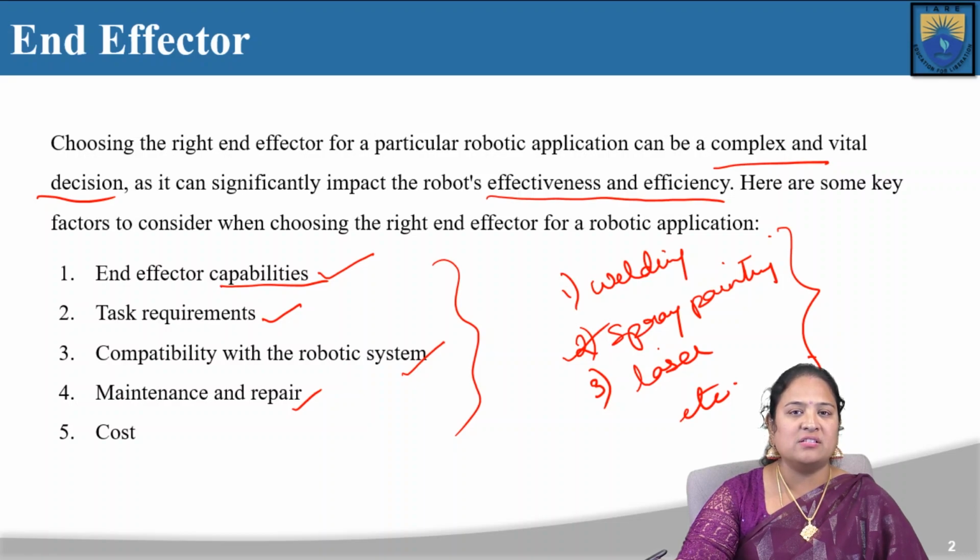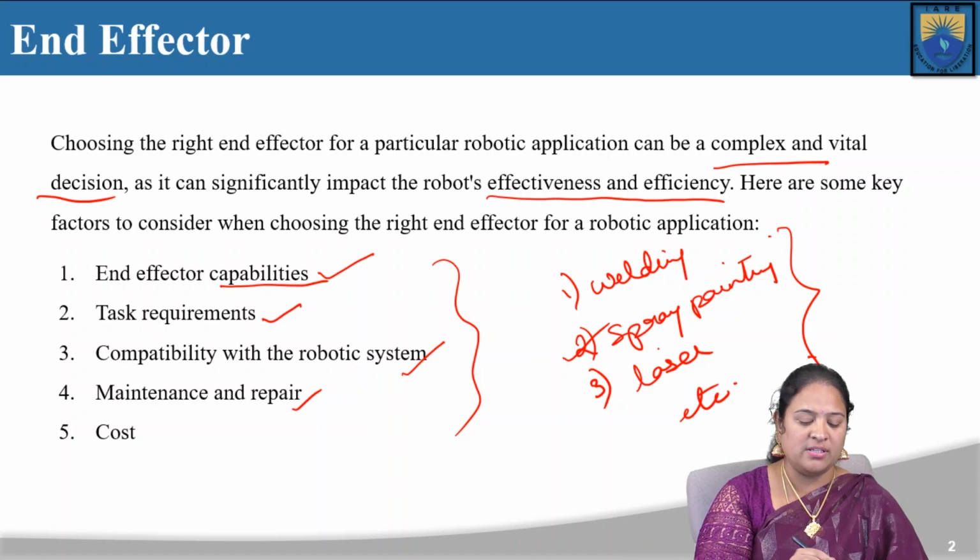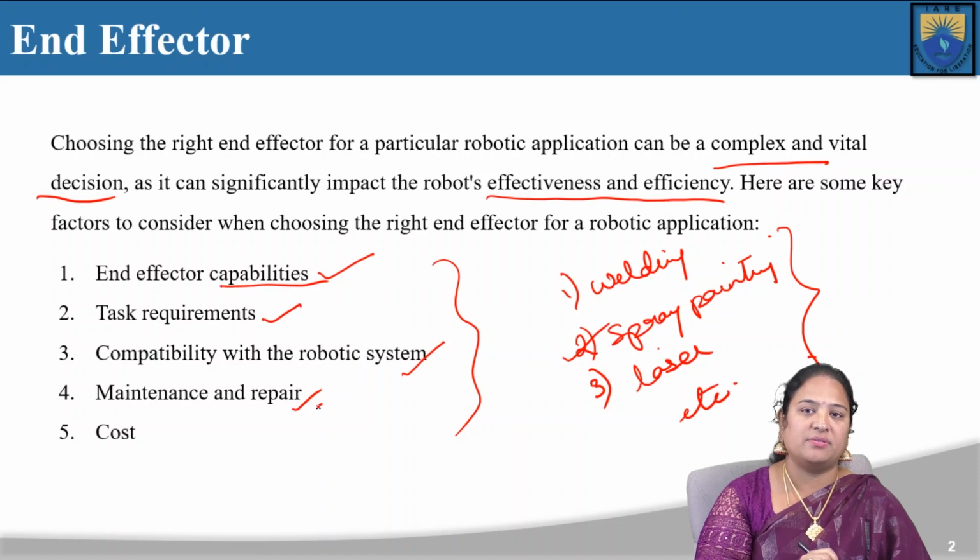So they are in need of maintenance and repair. In order to minimize these constraints, we need to choose or design an end effector to minimize all these sorts of constraints.